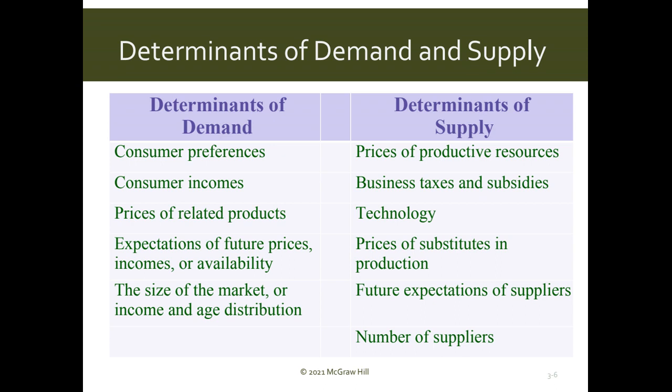So these are the factors that will shift supply curve either to the right or to the left. What we are going to do, we will shift these 2 curves together and see how this will impact equilibrium price and equilibrium quantity.